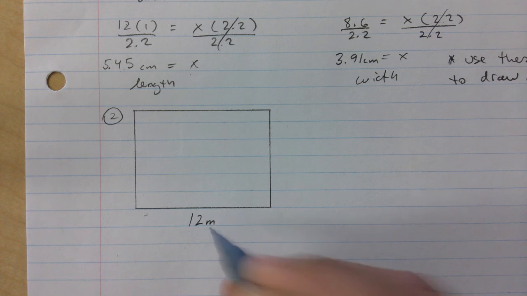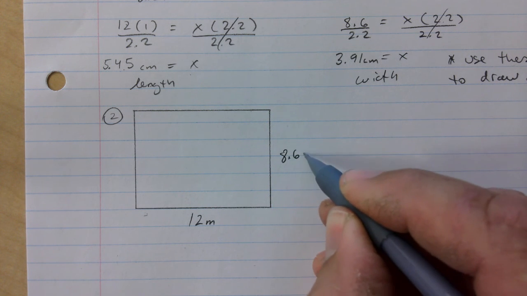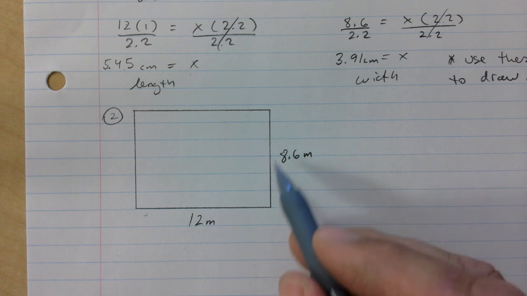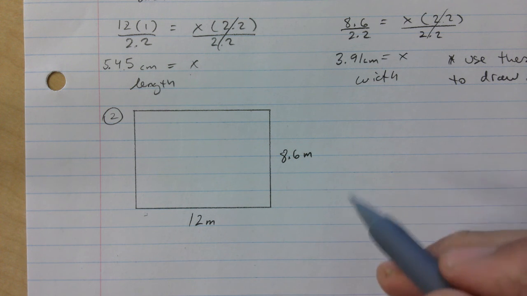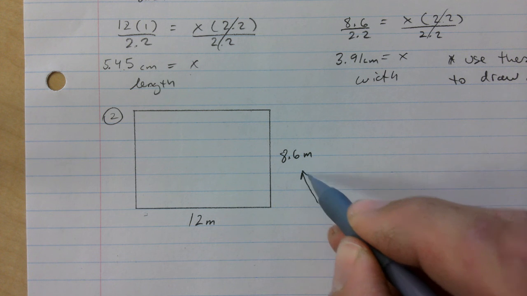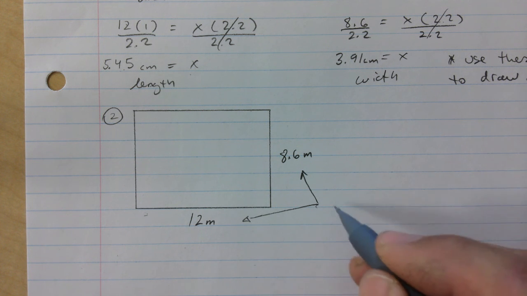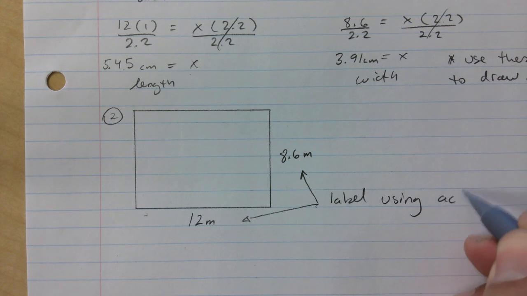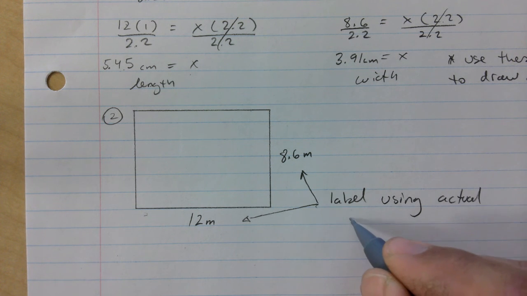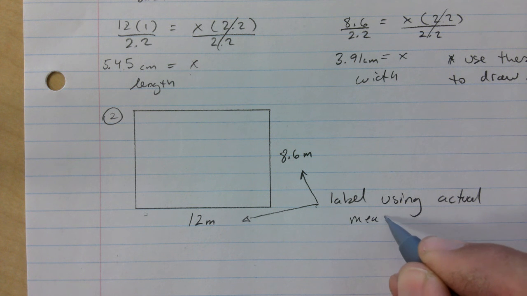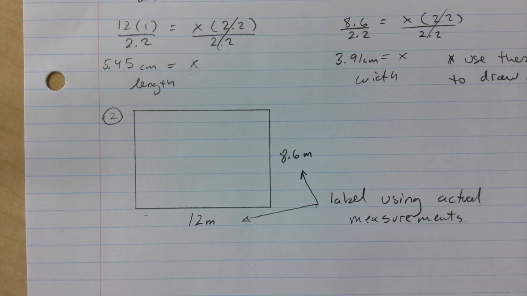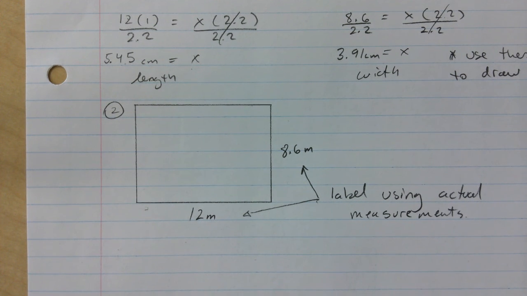So this is 12 meters by 8.6 meters. Okay. Label using actual measurements when you label it. Okay.